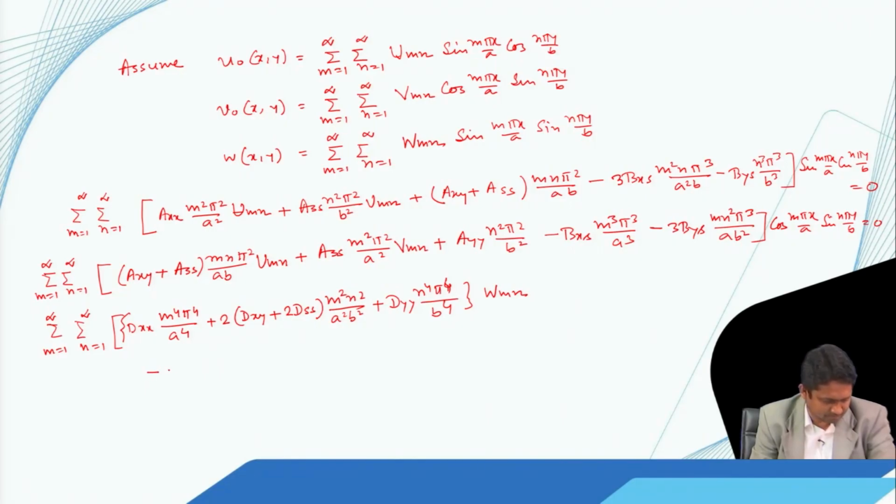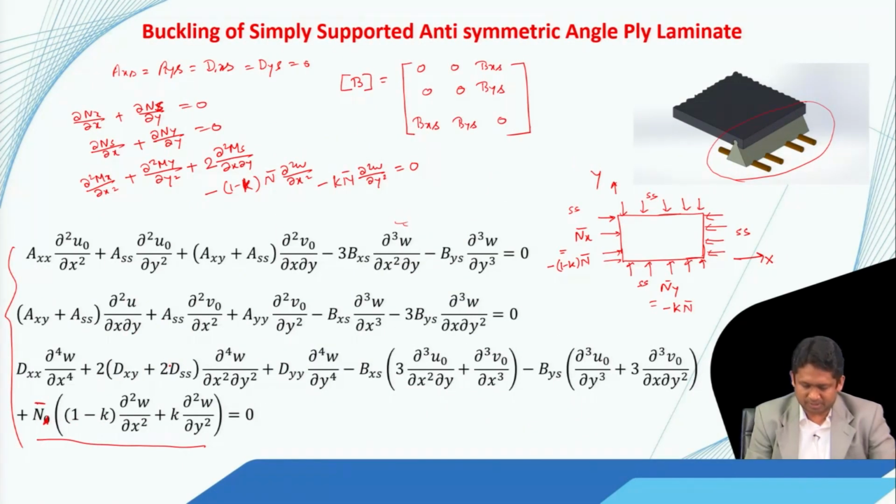minus bxs. So if I look at this equation, from this equation we have minus bxs, and here minus bys.